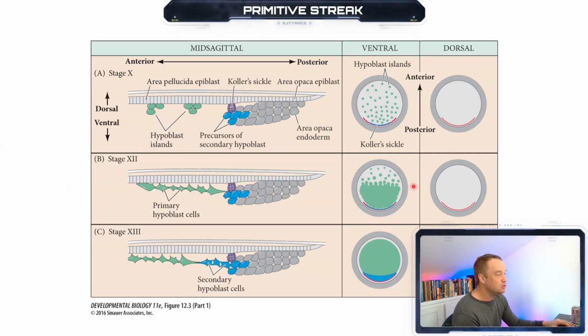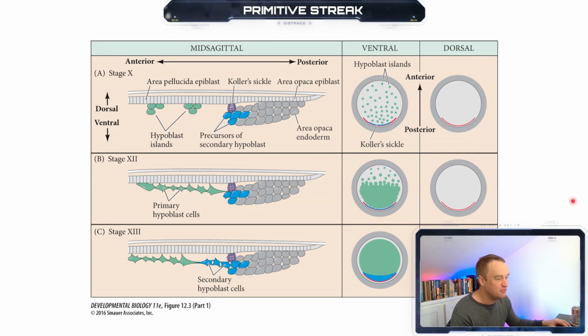We have Koller's sickle, an area where we start to get a local thickening of the epiblast tissue. We can see the area opaca of the epiblast here. The area opaca is a peripheral ring of blastoderm cells that have not yet shed their deeper cells.